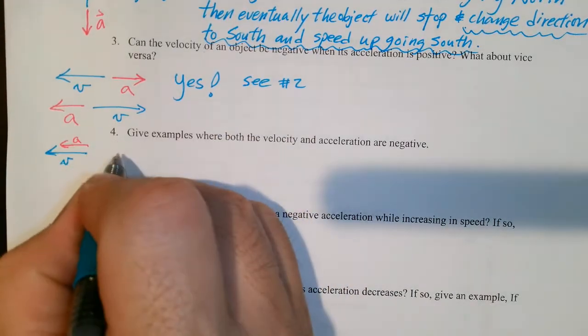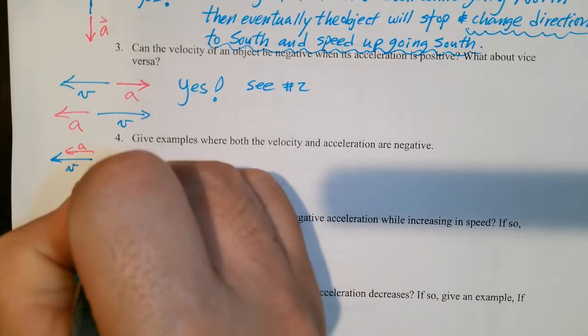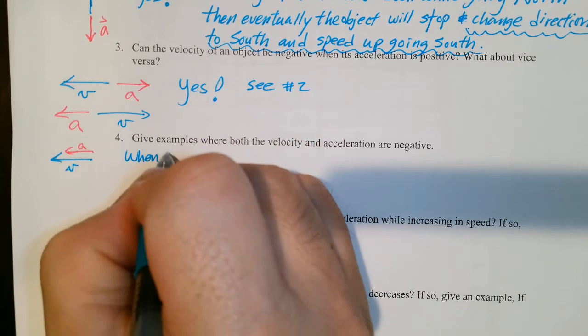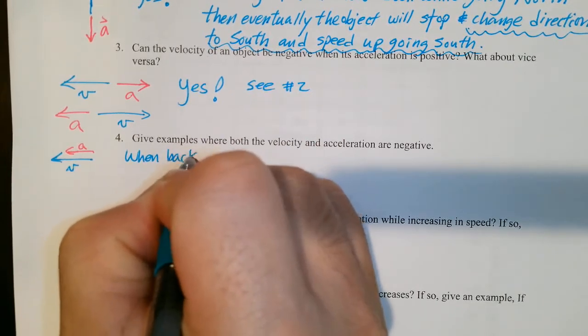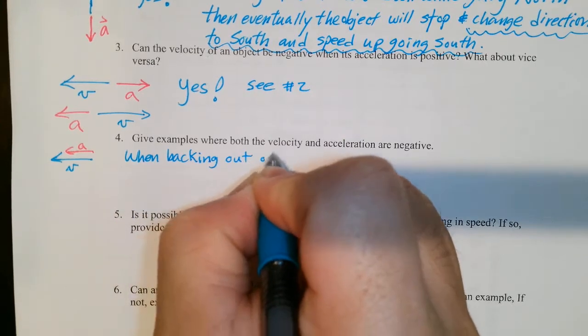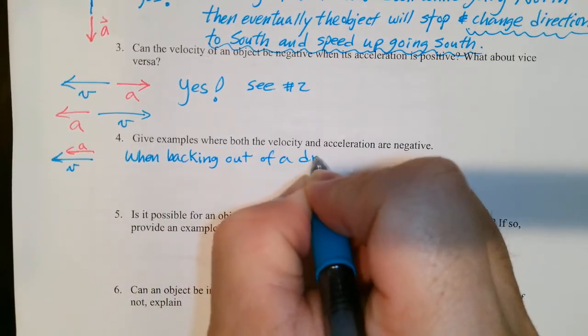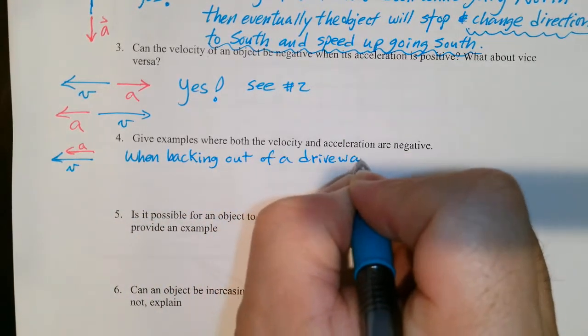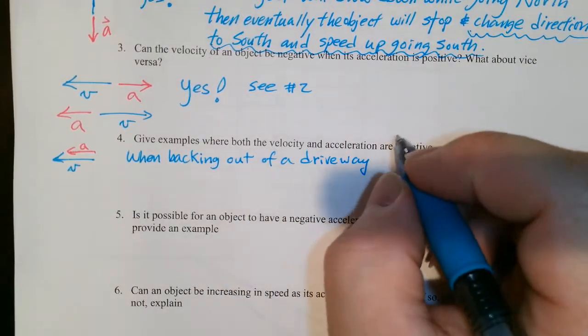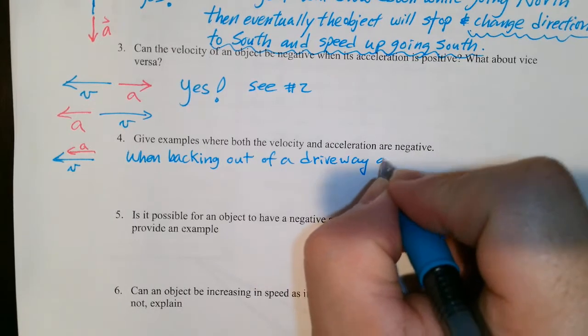So this happens when backing out of a driveway, going faster and faster in reverse.